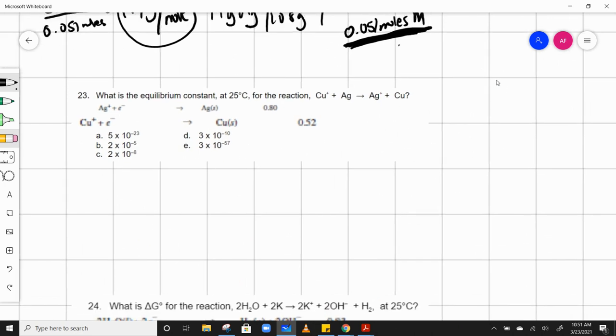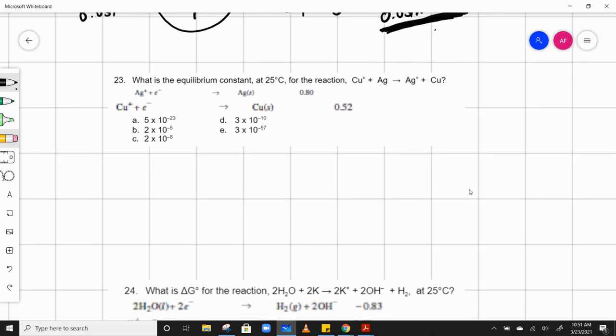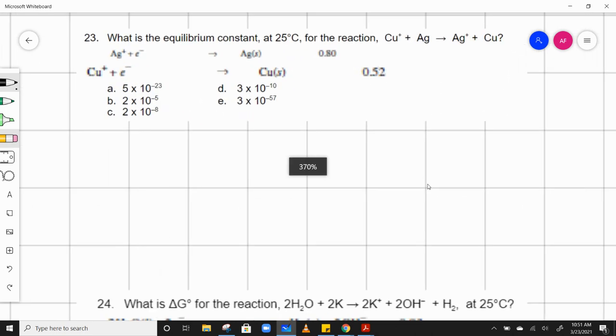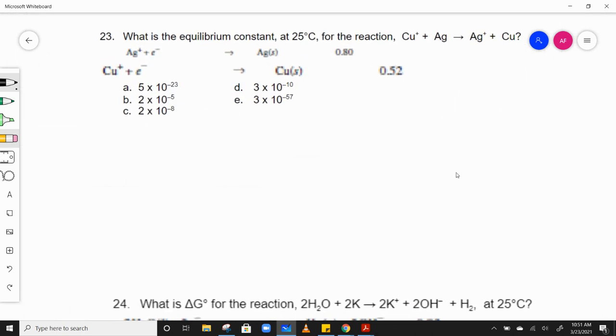Next one, the equilibrium constants. So this one I got a bunch of questions on. We really didn't go over too much of this equilibrium constant stuff, but really you just got to kind of know the formula for this. One of the tricky parts that really screwed me up was that the overall cell potential is actually going to be negative.